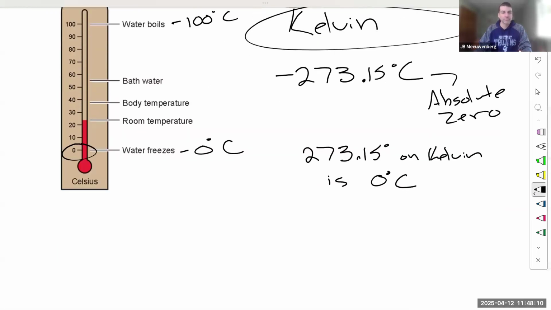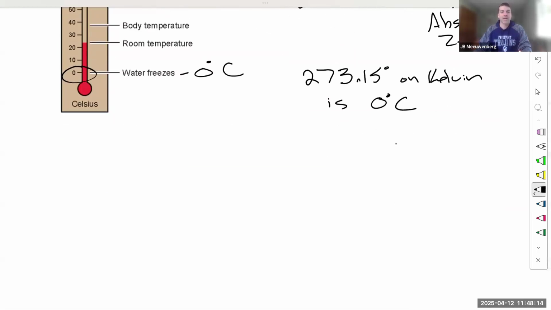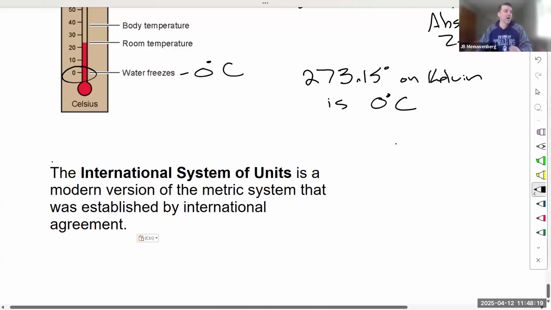And so to wrap this all up, eventually the metric system led to what's called the International System of Units. It's sort of a modern version of the metric system. Again, it was established by international agreement. And there are really specific definitions now established by this international system.